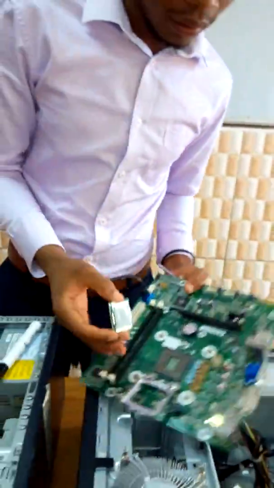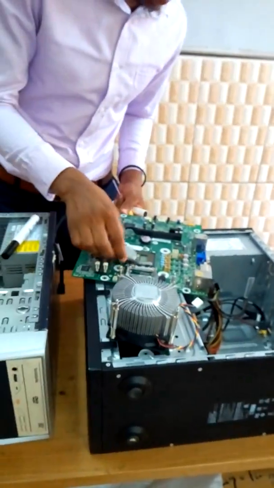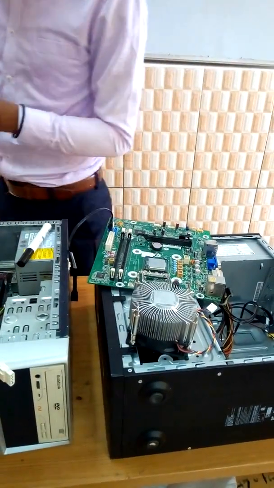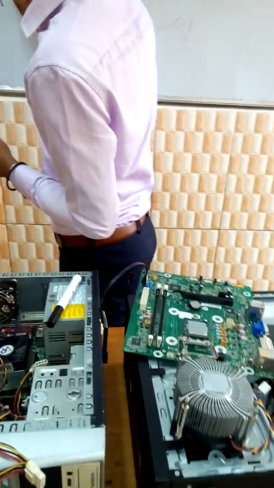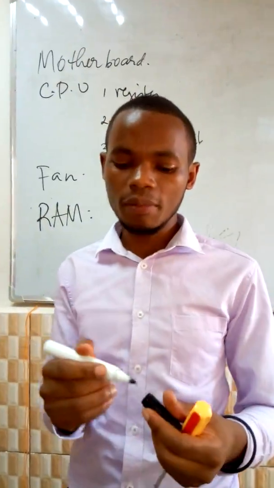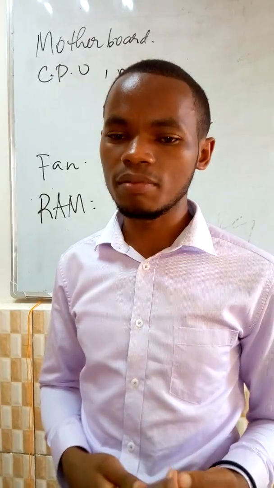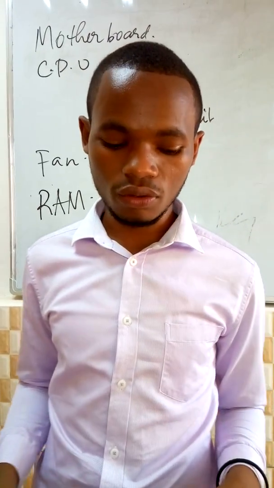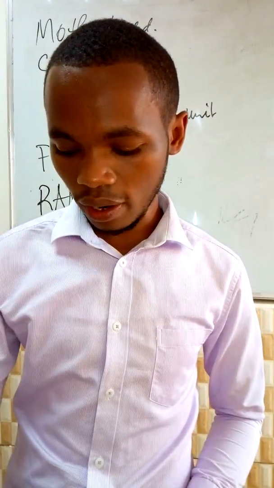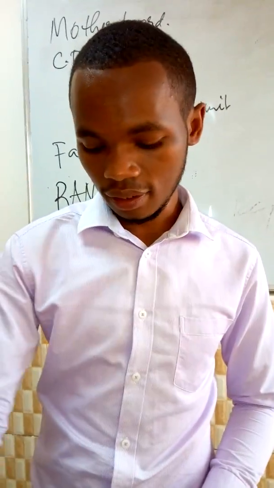Then let us talk about RAM, which is a memory. RAM stands for random access memory, and it is used to store data temporarily.